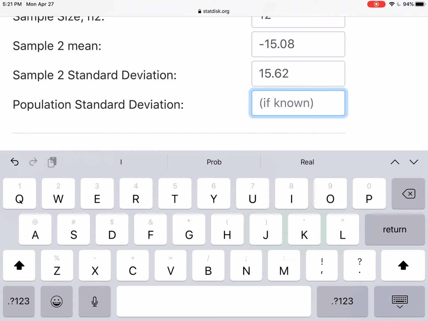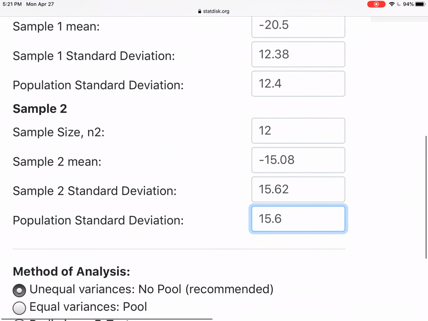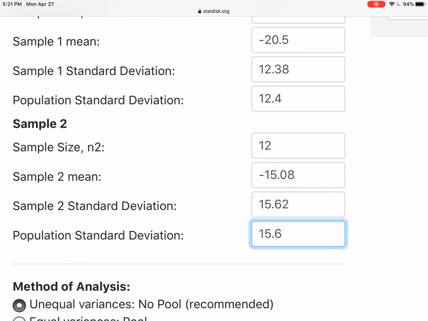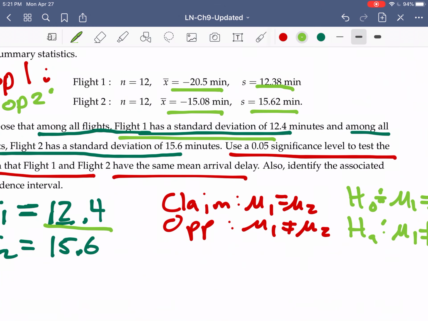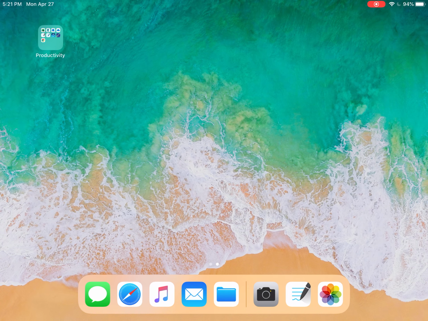And we were also given a population standard deviation that was 15.6. I'll go back to our notes one more time. So, among all flights, flight 2 has a standard deviation of 15.6. So that is for the entire population. Right. So now we can go evaluate this.